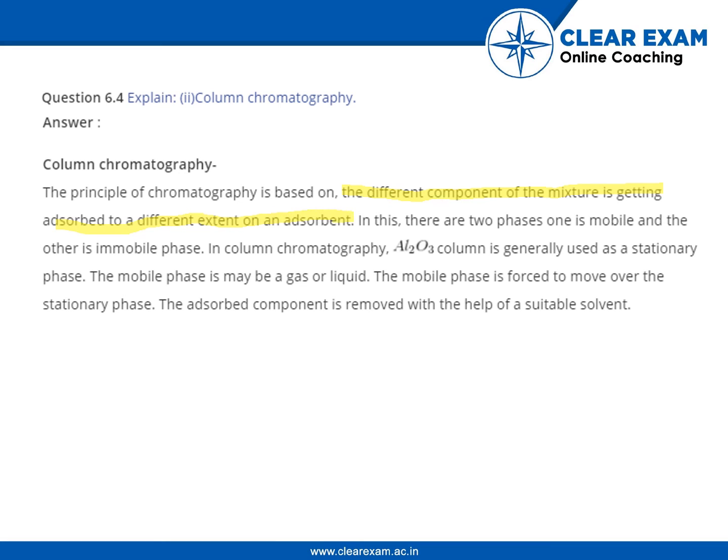Okay, we all know that it depends upon the strength of the physisorption as well as the chemisorption, the strength of the bond, the strength of the van der Waals forces. So different substances have different extents of getting adsorbed.